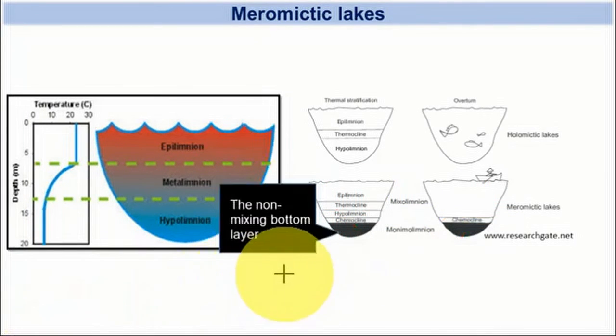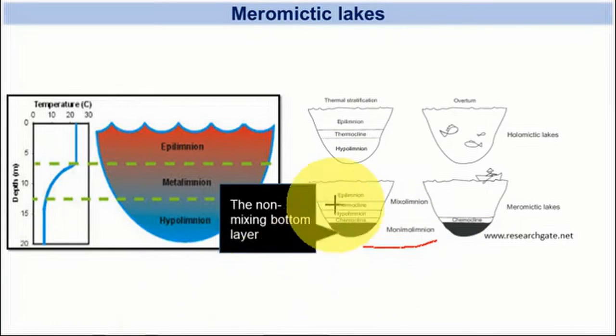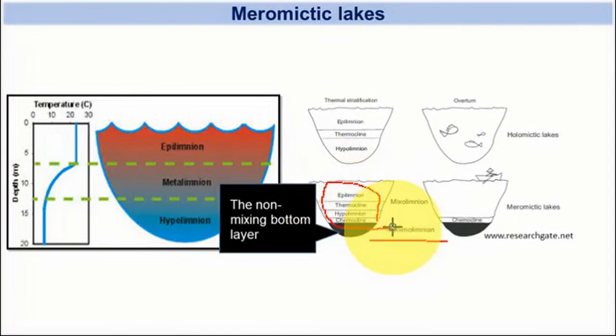So the non-mixing bottom layer, that is monimolimnion, that I told you, is this part in this figure. So the non-mixing bottom layer, which is known as monimolimnion, is here in this meromictic lake, and the rest of these layers are well mixed up, or they can mix up very well.